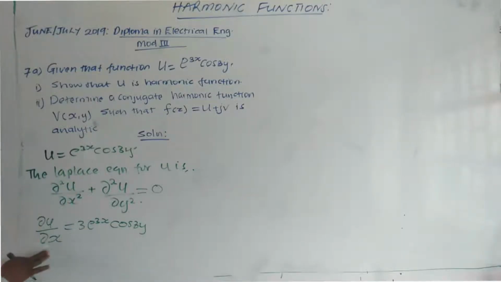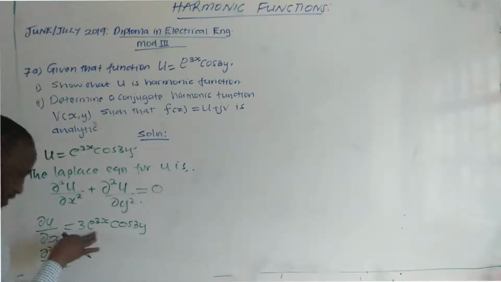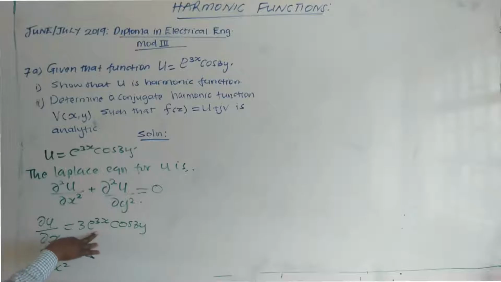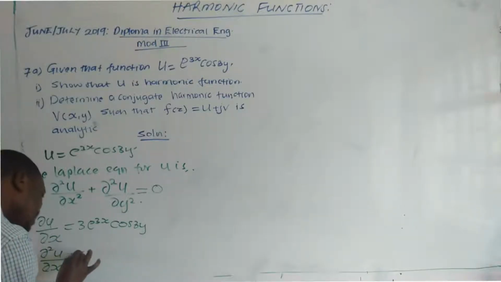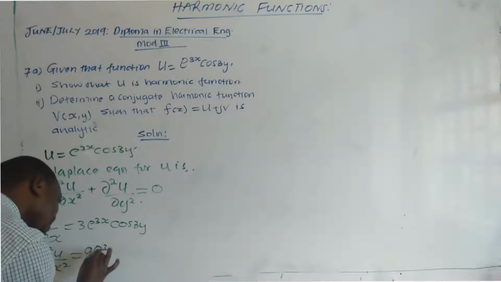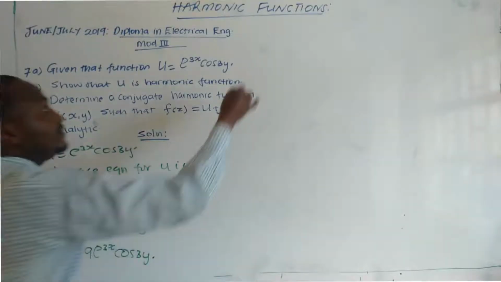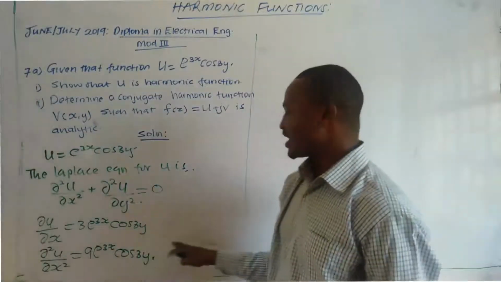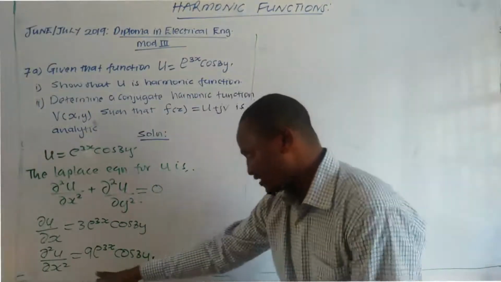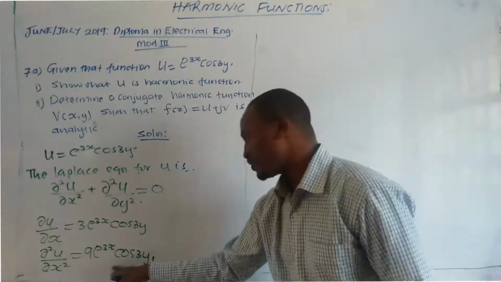From the first order derivative, we determine the second order derivative of u with respect to x. Differentiate this again with respect to x, it will be 9 exponential 3x cosine of 3y.